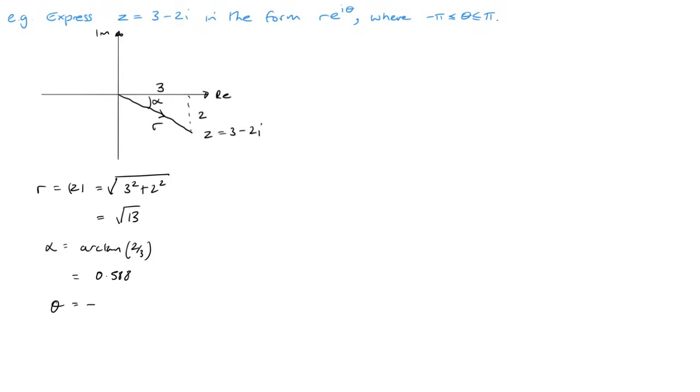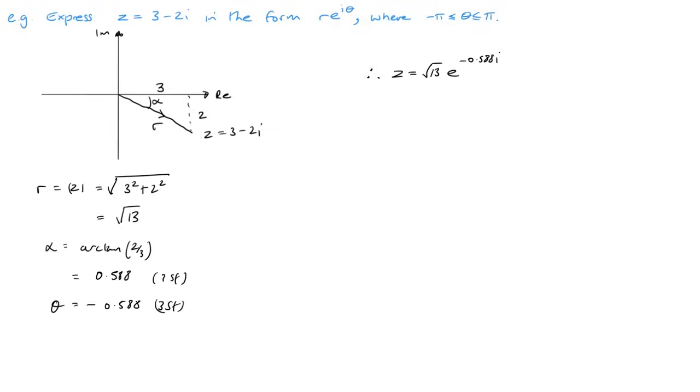So theta is minus 0.588, to three significant figures. Now I've got everything, so I can say z equals root 13 e to the minus 0.588i. Just remember that theta is in radians. But there we have another simple conversion into this form.